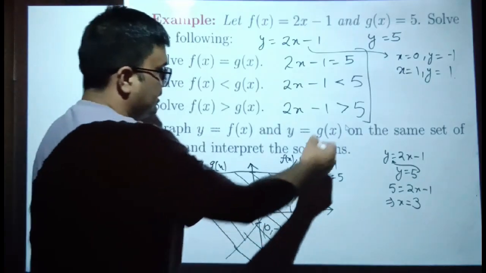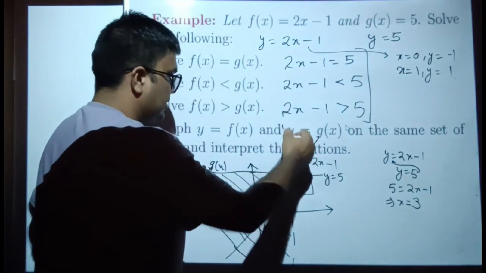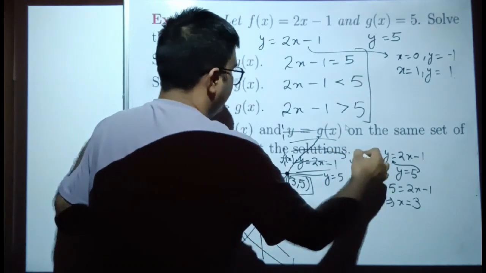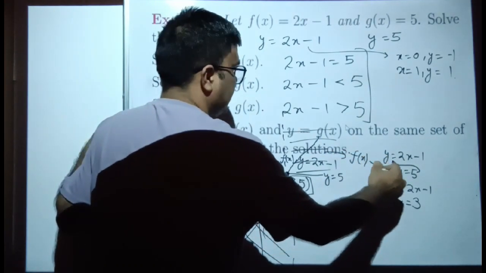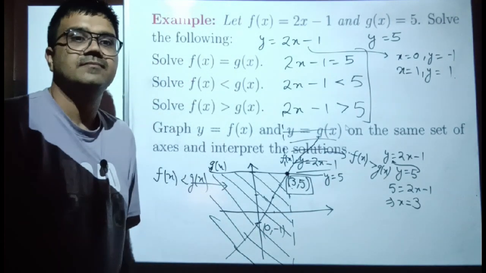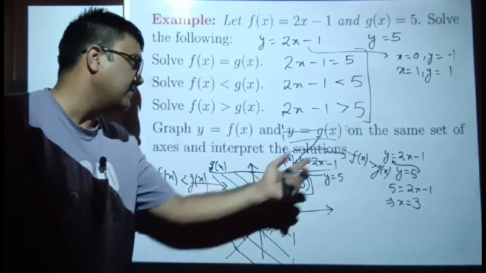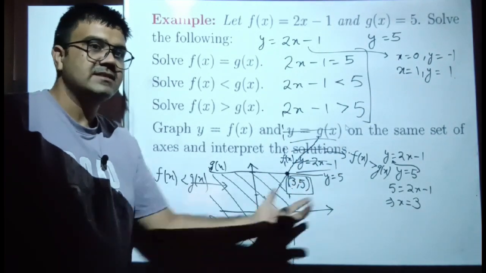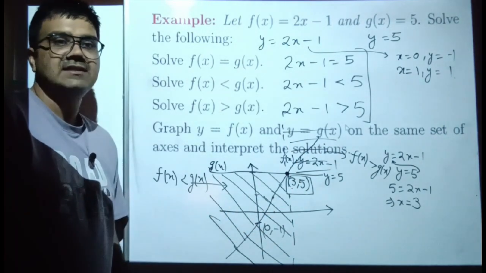And if we extend it like this, in this portion we have f(x) is greater than g(x). This is the line y is equal to 5. In this portion we have f(x) is greater than g(x). In this portion we have f(x) is less than g(x).